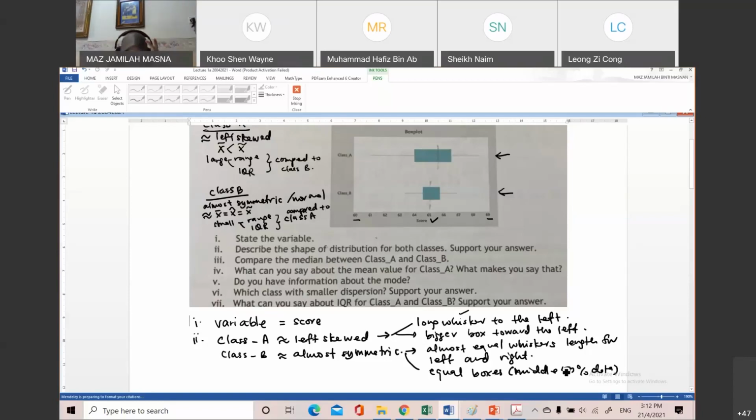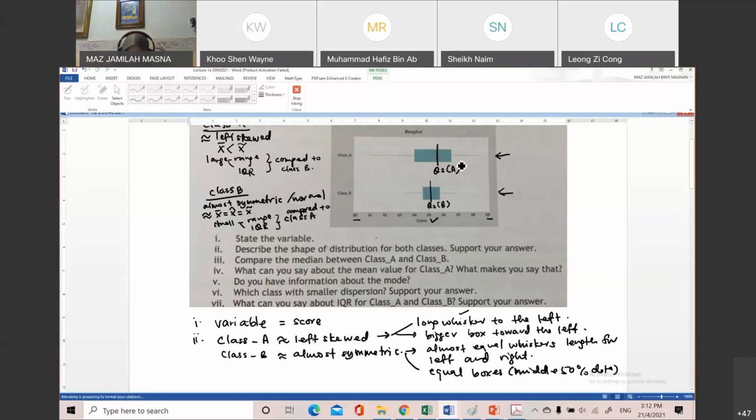Okay, compare the median between class A and B. So how can you comment on the median of class A and B? If I'm not mistaken, this is the line for Q2 for class A, and this is for Q2 for class B. So this is B, and this is for A. Which one is bigger?